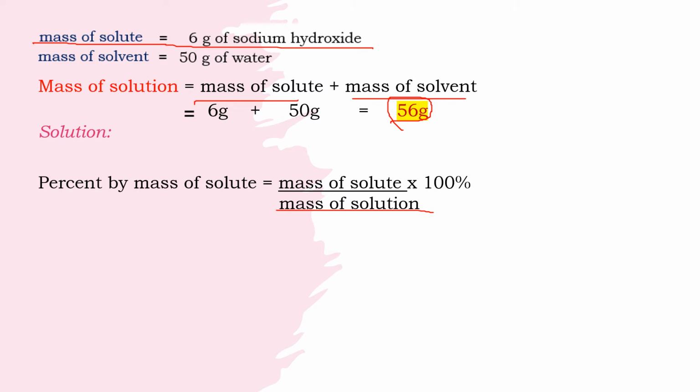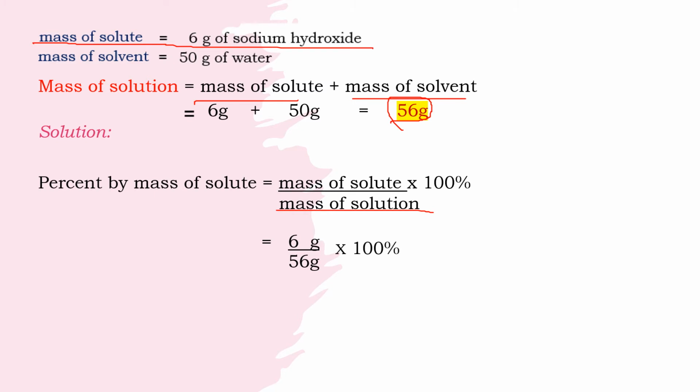Let us now proceed to calculation. So, mass of solute is 6 grams divided by the mass of the solution na kinuha natin kanina, which is 56 grams, times 100%. So, i-calculate natin.